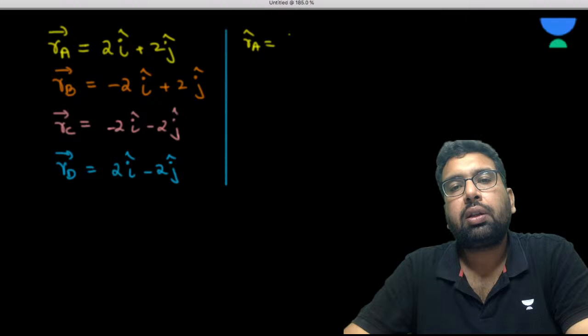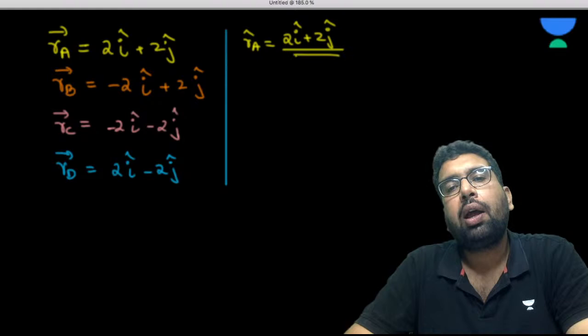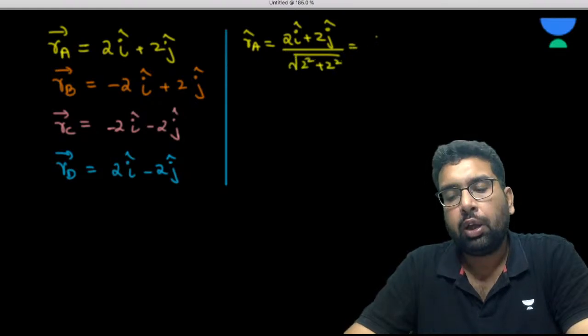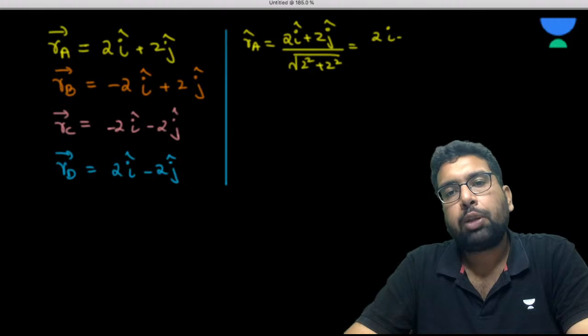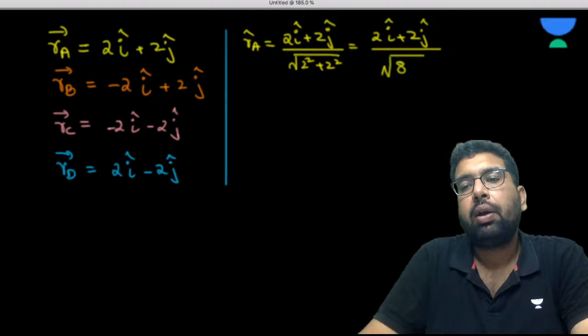So this is going to be 2i plus 2j divided by its mod, root over 2 square plus 2 square, so 2i plus 2j upon root over 8.